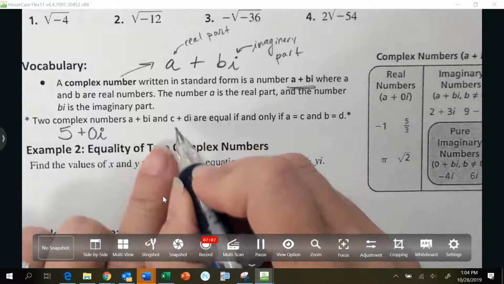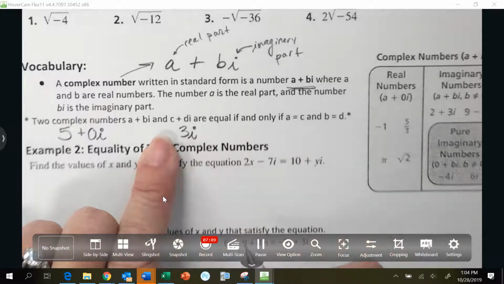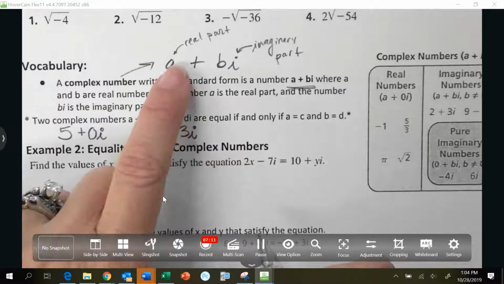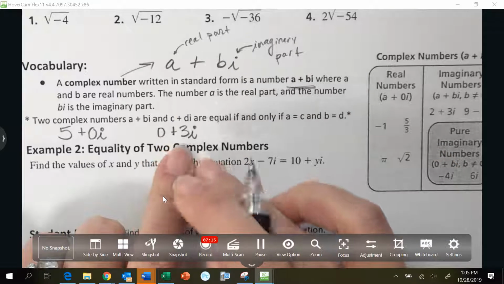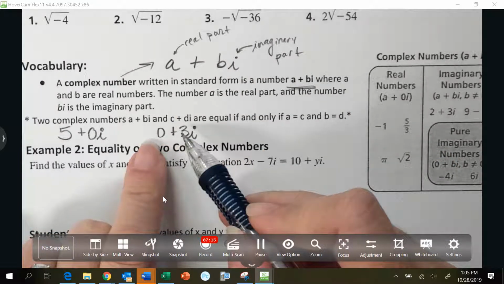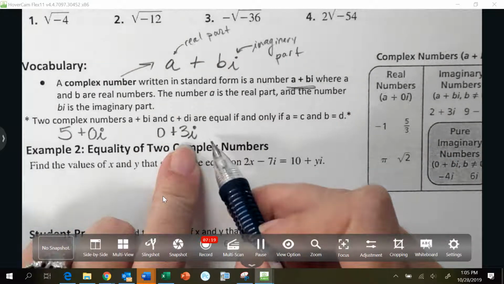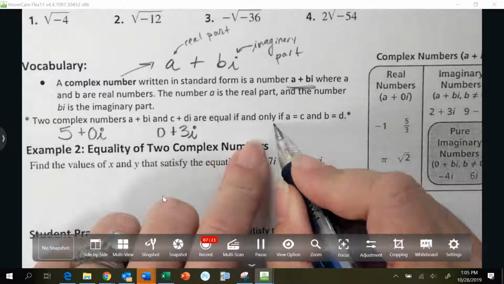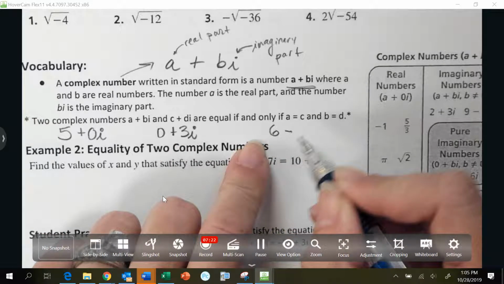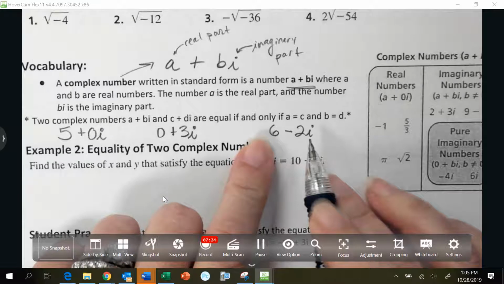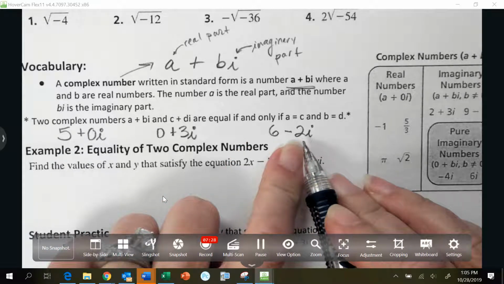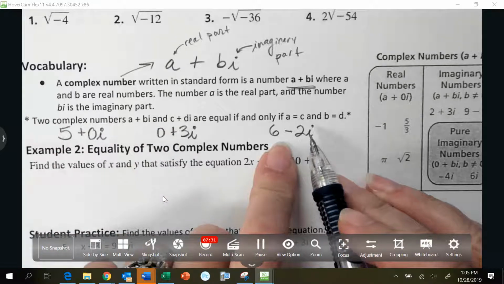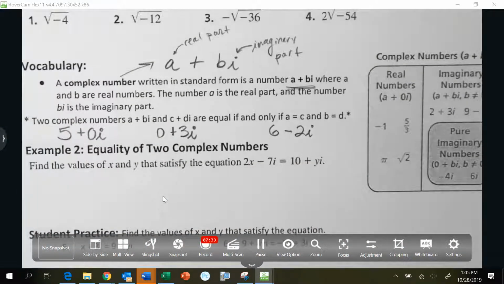Or if I have the number 3i, that can be written in complex form like 0 plus 3i, which means there's no real part, just an imaginary part. Or I can have 6 minus 2i, which has a real part and an imaginary part together. So these are complex numbers. These make up all the numbers that you could ever study.